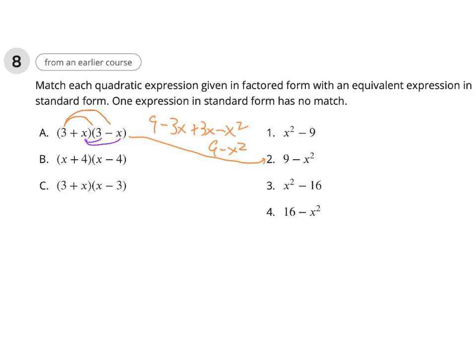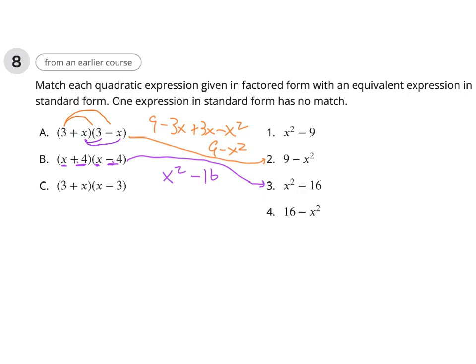Again, using our distribution. All right, a shortcut to doing these. X times x is x squared. Plus 4 minus 4 is 0. And then plus 4 times -4 gives us -16. So B goes with 3.